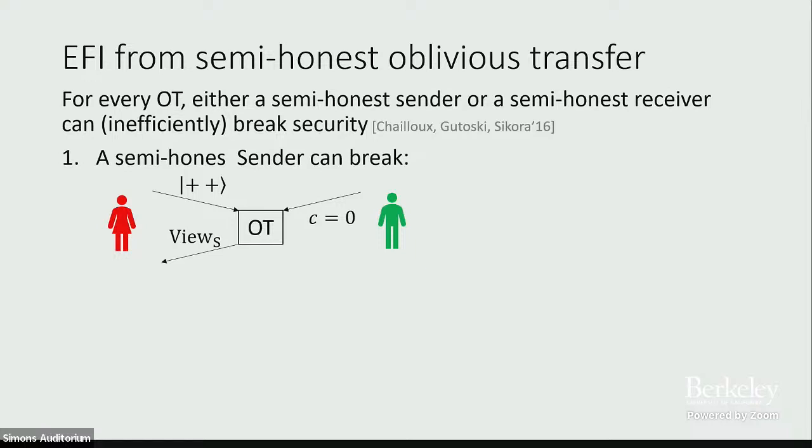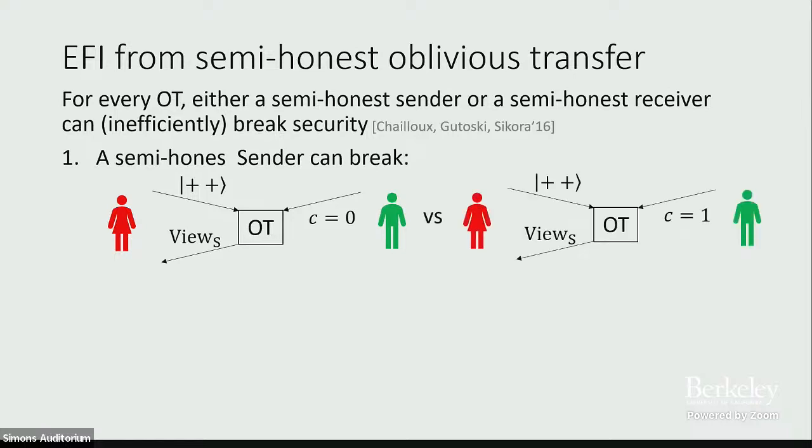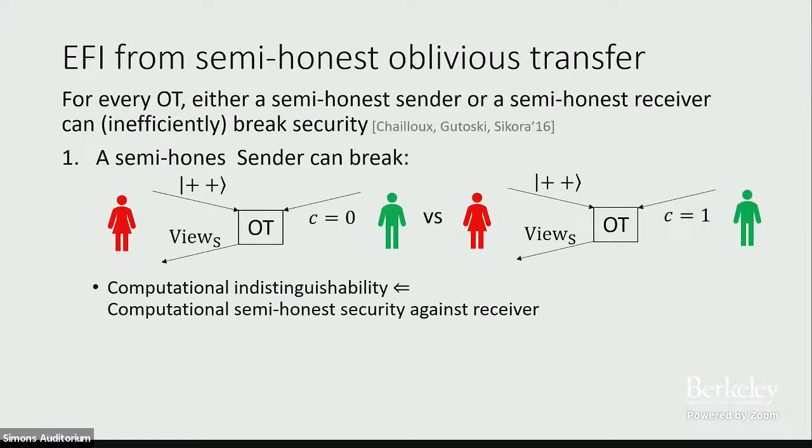The sender puts two plus states, in the Hadamard basis, into the OT, and we take the view of the sender when the receiver has bit 0, and the other distribution is the same thing when the receiver has bit 1. Now they are going to be indistinguishable, because it's a computationally secure, semi-honest secure OT, and they are going to be statistically far, because an inefficient sender can break it. So that's one side.